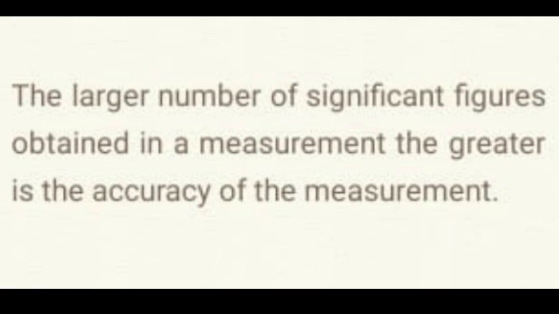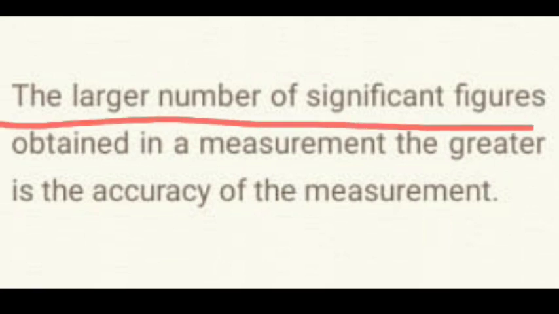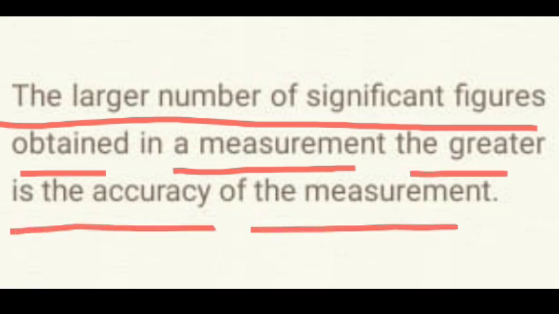Now if a larger number of significant figures is obtained, then the measurement has greater accuracy. How can we say that? Suppose we measured 1.5 with a regular ruler, and now with another instrument, say a vernier caliper, which we will see in the practical, we have measured it as 1.52.